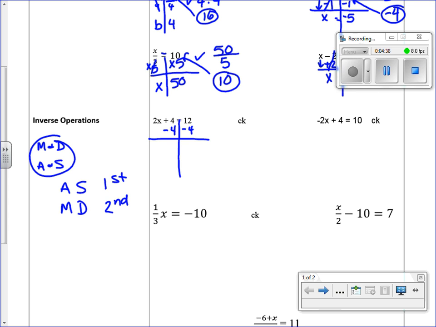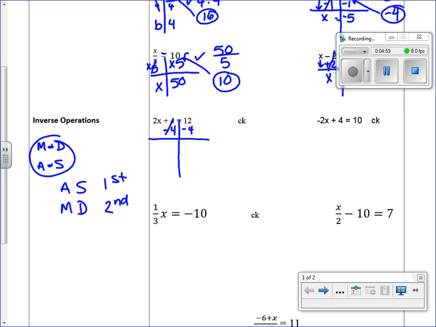These guys cancel. On the side of the equation where the variable is, there's just going to be a lot of canceling going on. It's not going to be a whole lot of math. When you're on the side of the variable, we really just want to cancel that stuff out.